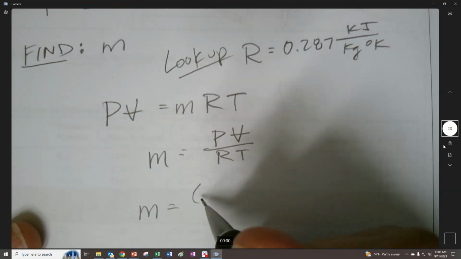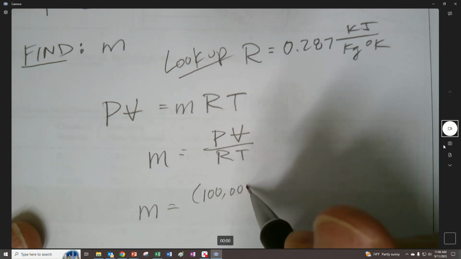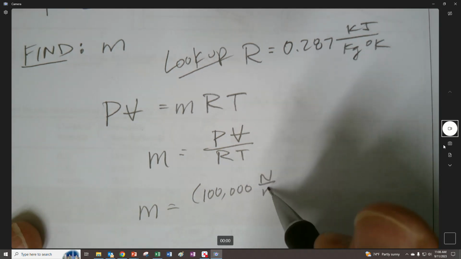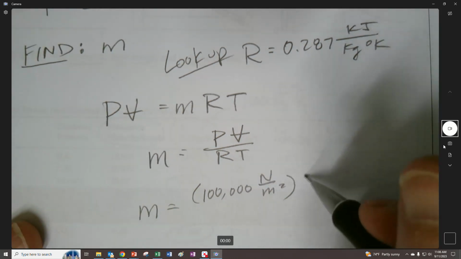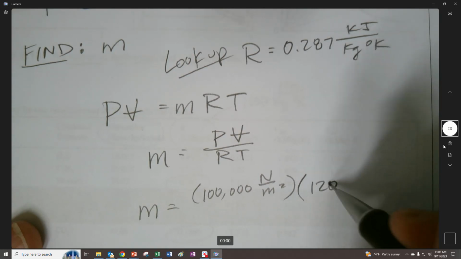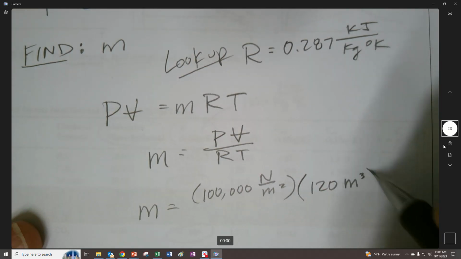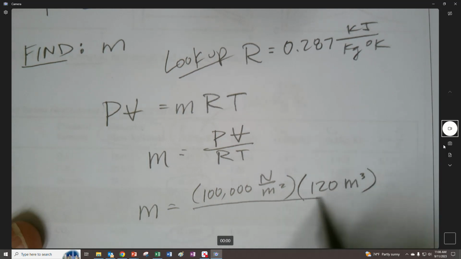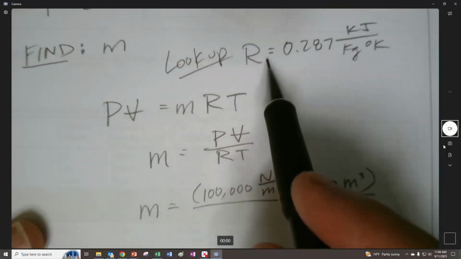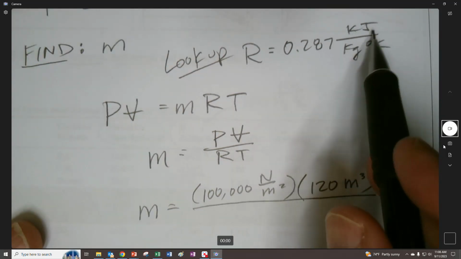The pressure, let's turn that into newtons per meter squared. The volume is already meter cubed. I like R to be in Newton meters.